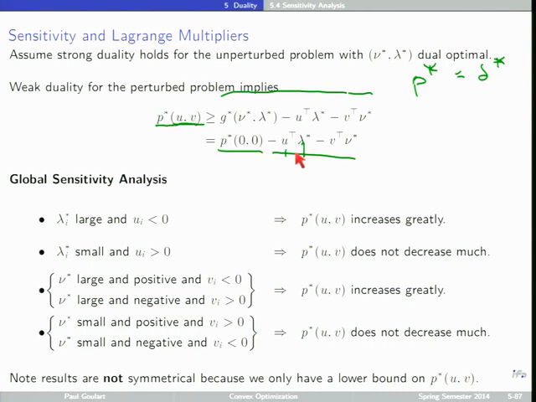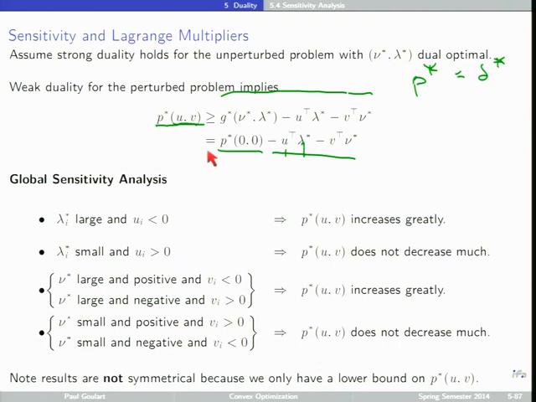Okay, now this is not to say that if I loosen the constraint, the cost will go down a lot. Okay, and the reason is because I don't have equality here, I have an inequality, okay? Because I can only guarantee weak duality in the perturbed problem. So if I loosen things up a little bit, it may be the case that I just end up introducing a duality gap, okay?